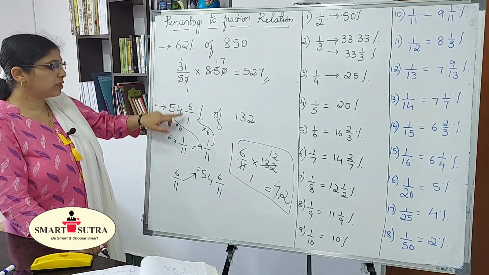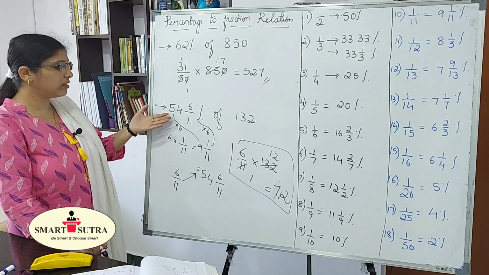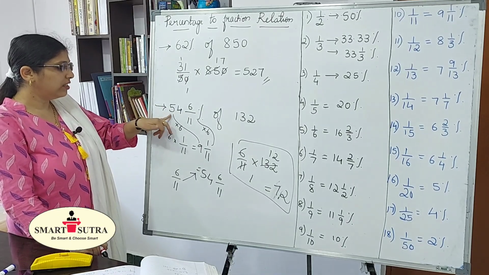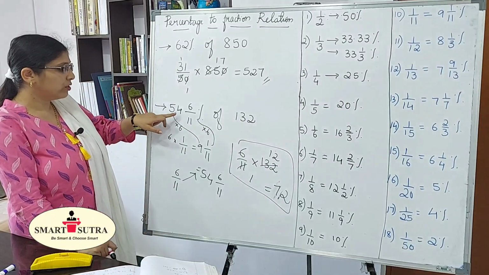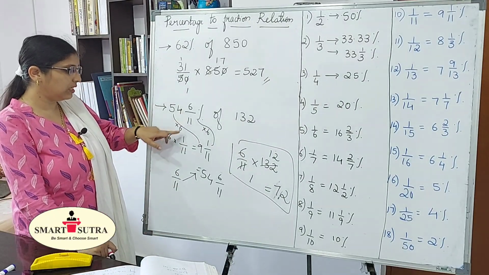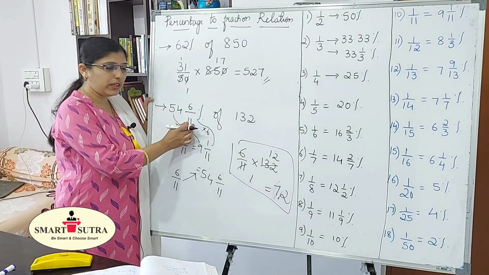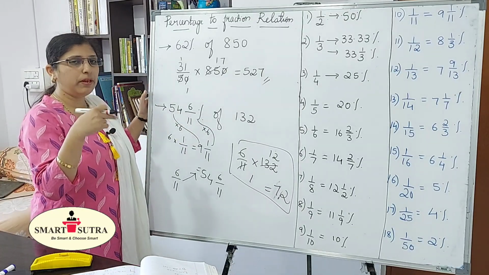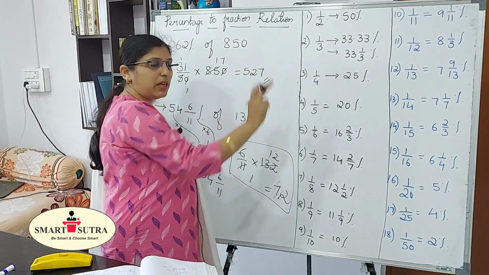Now 54 6 by 11, looking at that only we get scared. How to solve this? But no need of getting scared. We can solve this if we know the fraction relationship. Since there is an 11 in the denominator, you should think that it will be a multiple of 11. So 1 by 11 we know is 9 1 by 11%.